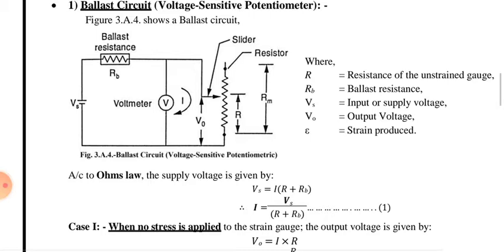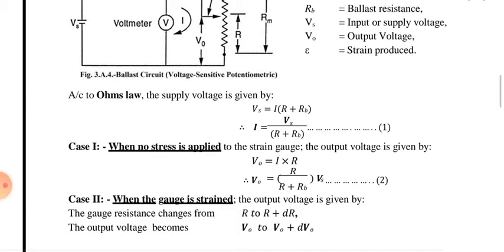Now we will study case wise, when there is no strain and when there is strain. Case 1 applies when no stress is applied to the strain gauge resistance.